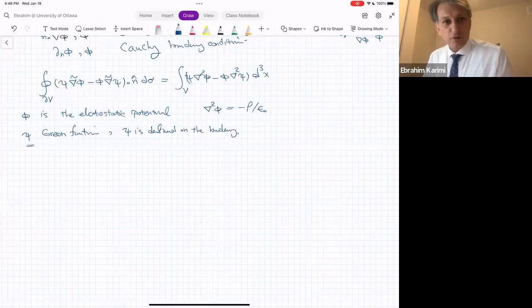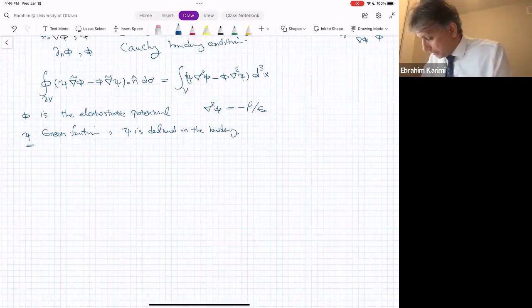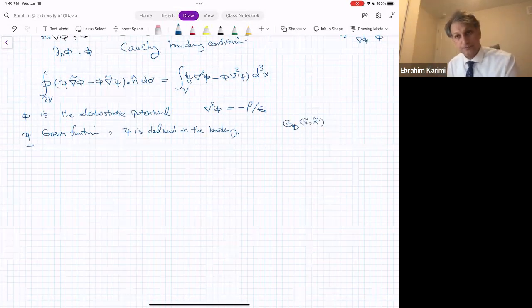For simplicity, I will consider that psi is 0 at the boundary. I can do that, it's my choice. So let's do this. I will assume that now I don't call it psi anymore. I will call it G Dirichlet, function of x and x prime. Okay.